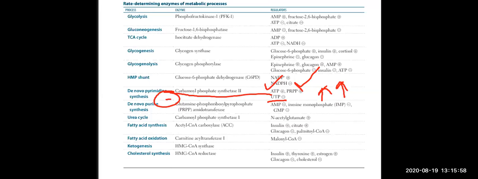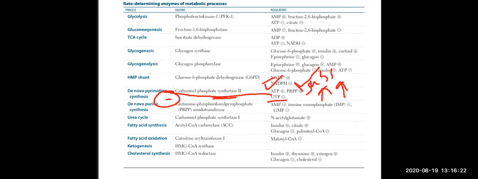Because PRPP is the substrate, and ATP is a low energy molecule compared to UTP. UTP is a higher energy molecule, and ATP is a lower energy molecule. We are using energy because this is a synthetase; it is using an energy molecule to go to the next step.